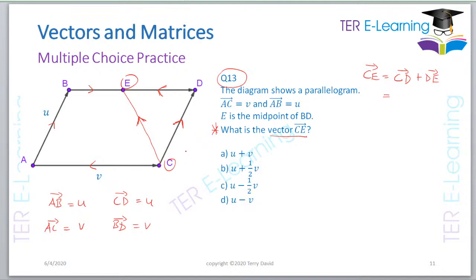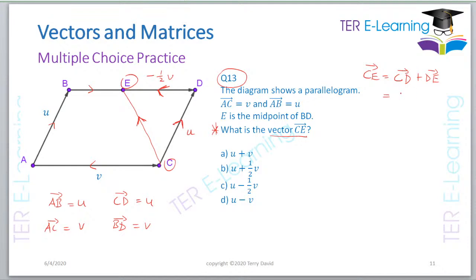So CD, yes, I know what CD is. CD has to be U, we know that. And DE now, right? You're going in the opposite direction, and it's the midpoint, so it's half, right? So this vector here is actually minus a half V, right?